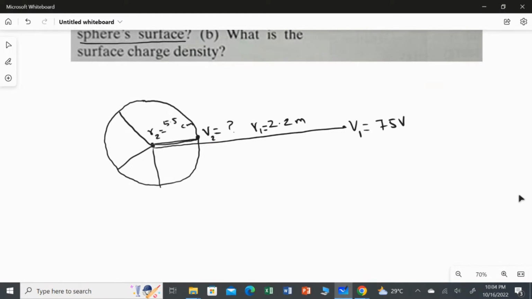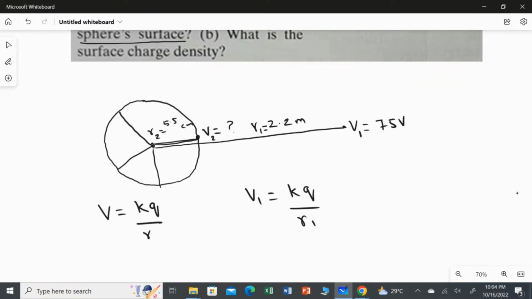For that, we have to use the formula for potential calculation, which is V equals KQ over R. I'm going to use this formula for both situations. First, I'm going to apply this for R1 and V1. So V1 equals KQ over R1.